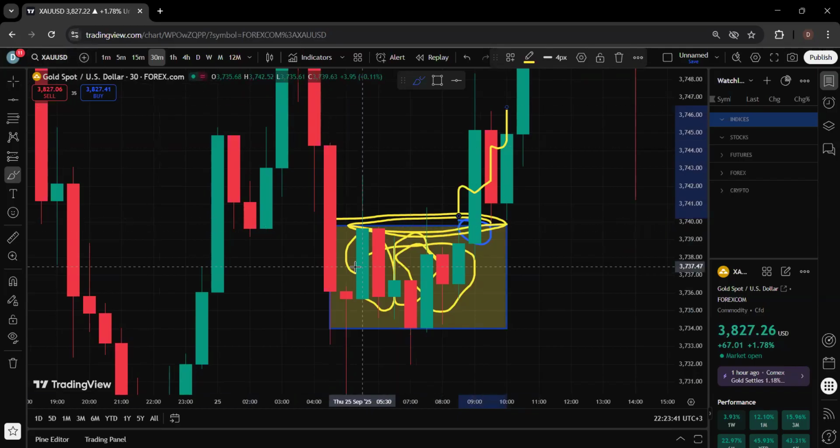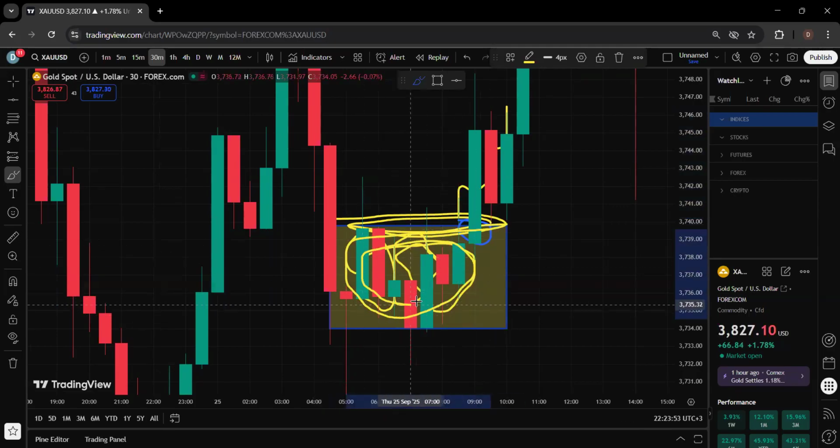Because you can see this was consolidation for so many hours. 1, 2, 3, 4, 5, 6, 7, 8. So 8 in 30 minutes means these are 4 hours. All this time, the market was playing. Imagine sitting waiting for the market for a breakout for 4 hours. Some people cannot do that. That's why we said this is what I was asking you, that you wait for 4 hours.